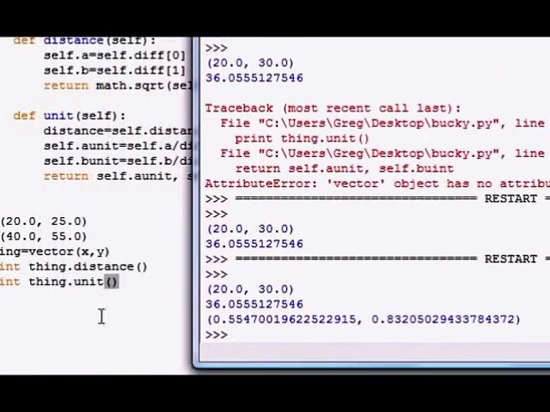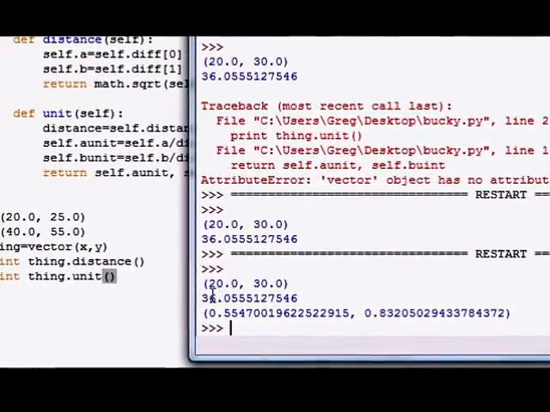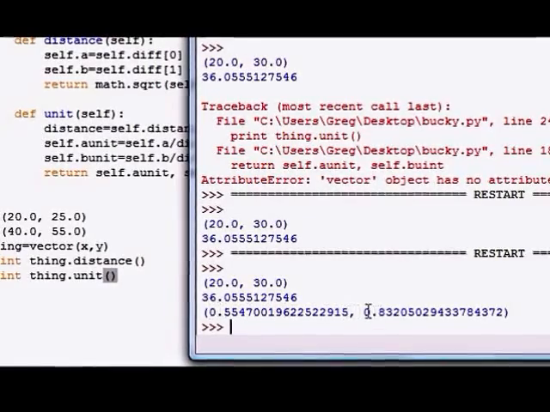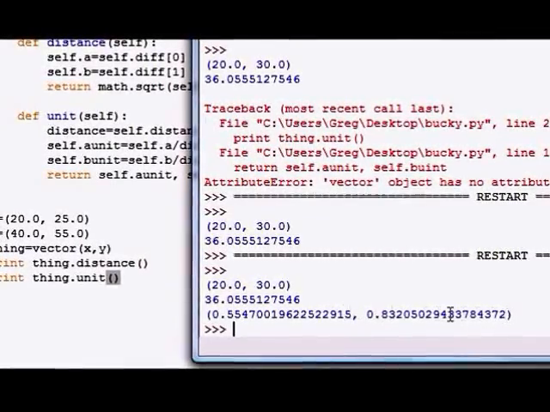The first thing we printed out was our vector. The next thing we printed out was our distance, which was 36 point something. I was too lazy to include that. In the new vector, hypothetically, if the distance was 1, it would be this. This would be the change in x, and this would be the change in y.